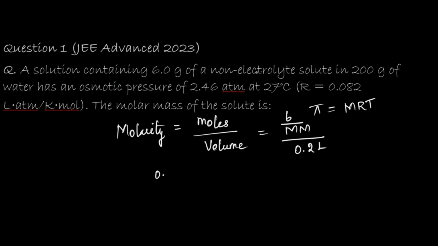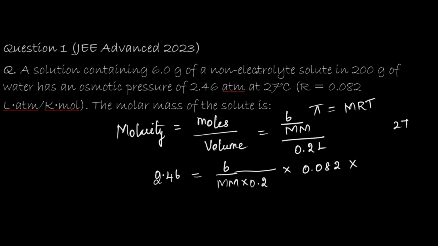The pi value given is 2.46. m, which we don't know, I'm taking as 6 by molar mass into 0.2 liters, into the R value 0.082, and temperature 27, which I have to take in Kelvin.